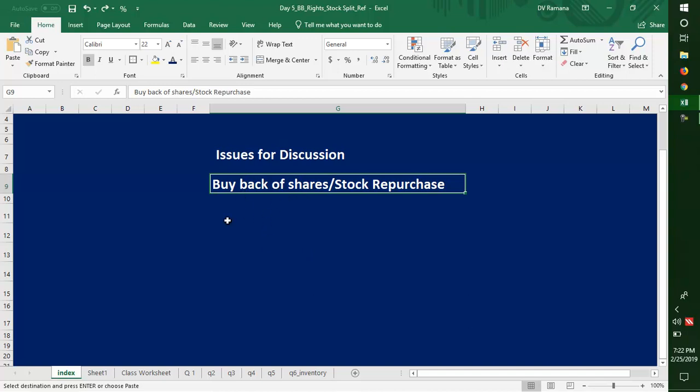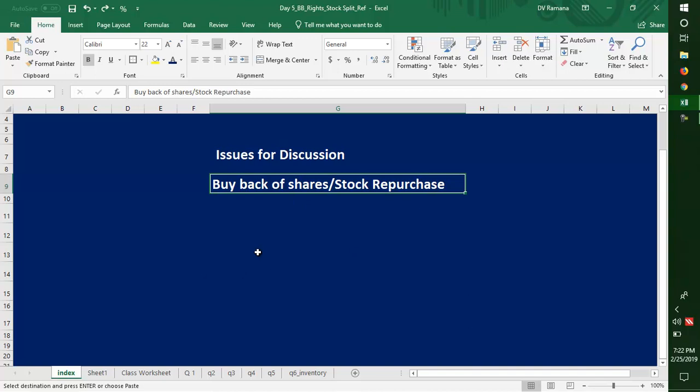However, the way the buyback or stock repurchase is treated in the books differs from country to country. In this exercise, I would like to show and explain the generic principles of the impact of buyback on the financial statements.